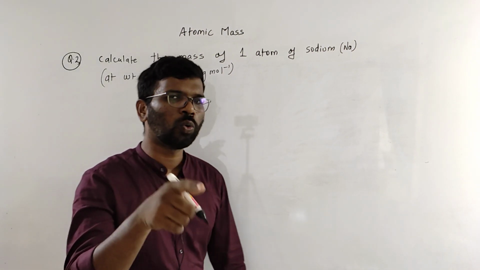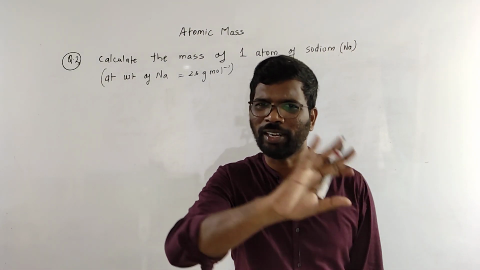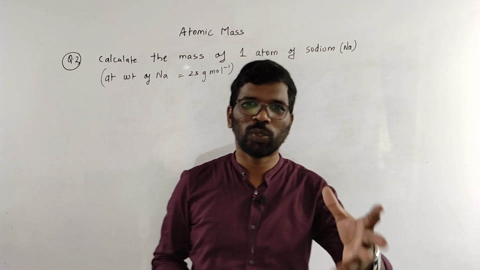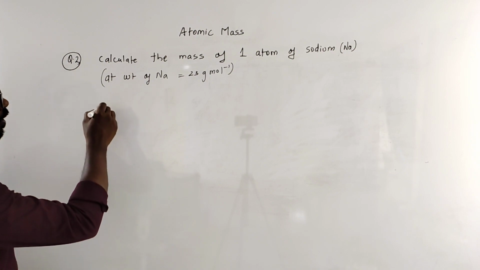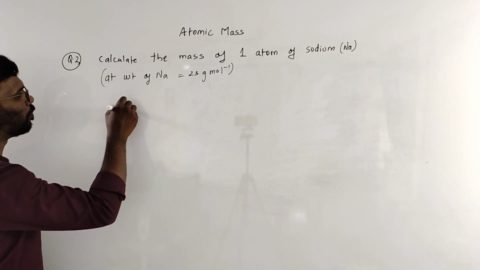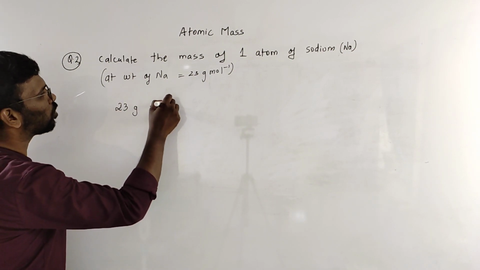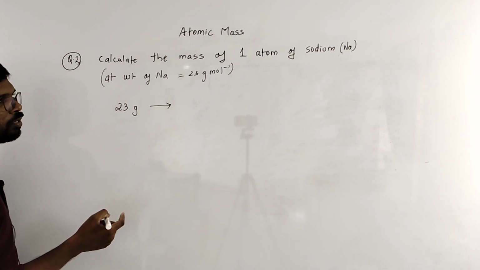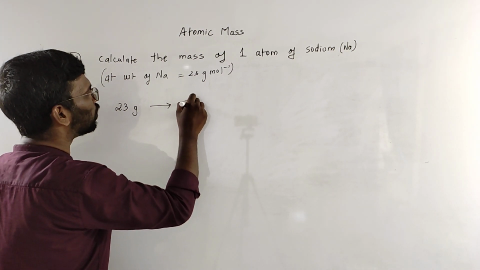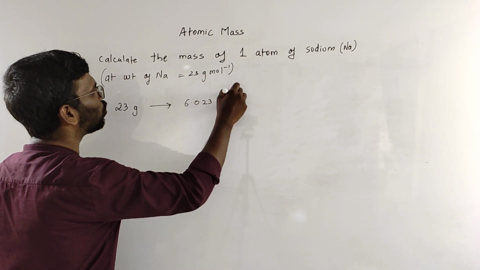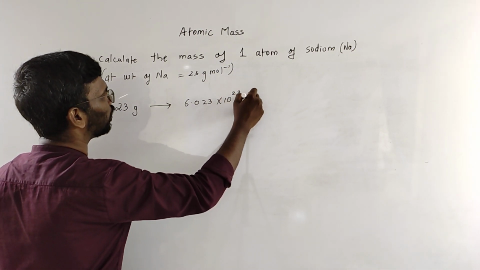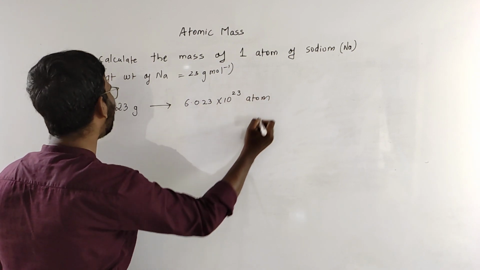So do we know the mass of a certain number of atoms so that I can use the cross multiplication method, right? So we know that 23 gram is the mass of how many atoms? It is the mass of 6.023 into 10 raised to power 23 atoms, right? We know this.